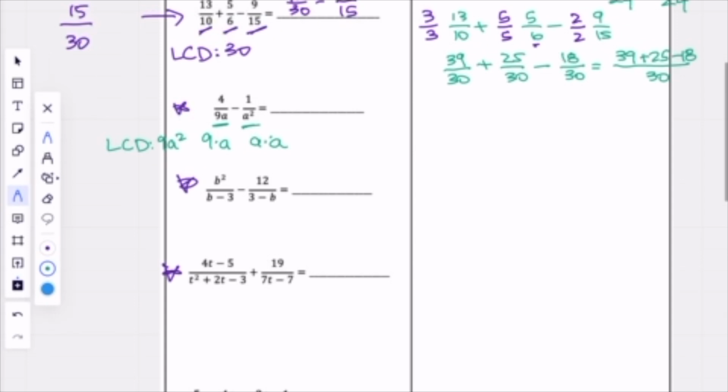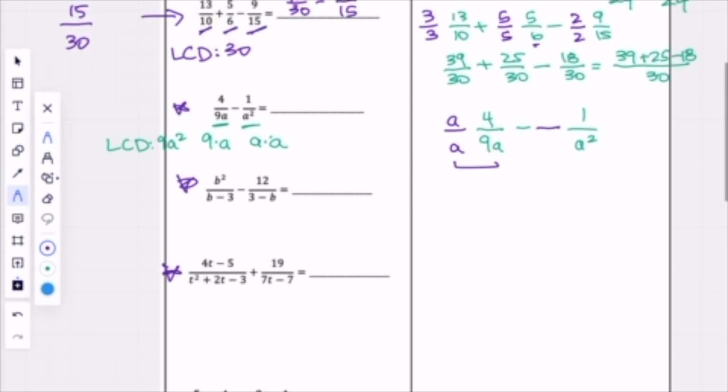All right, so let's make the adjustments we need to. So we have 4 over 9a, and from that we're going to subtract 1 over a squared. For the first term, we're going to need to multiply this by a over a, and that's going to give you a 9a squared here in the denominator.